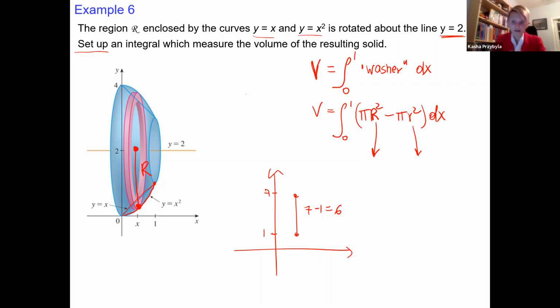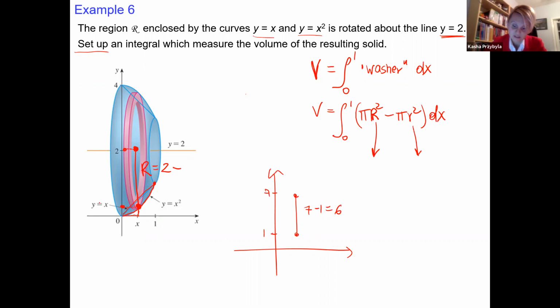Getting back to our graph, we have to identify the value of the top dot minus the value of the bottom dot. What is the top one? Top one is just 2. Yes, good. That means this will be 2 minus, and this one is, x is on this side, but we have to find the corresponding y value.